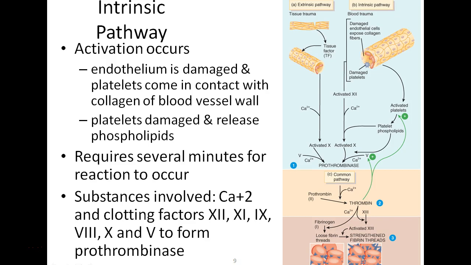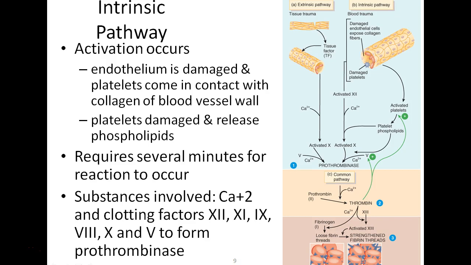And we have a variety of steps involved and a variety of clotting factors. And again, our goal is to produce the substance prothrombinase. Let's look at some of the steps that we'll see to arrive at that chemical. First, the platelets are adhering to that damaged vessel, and that's going to release factor 12.